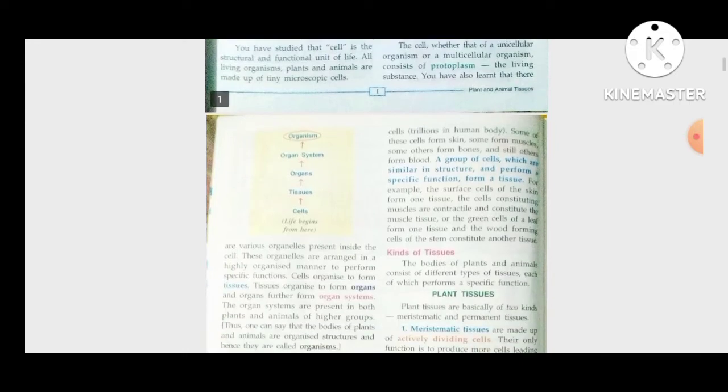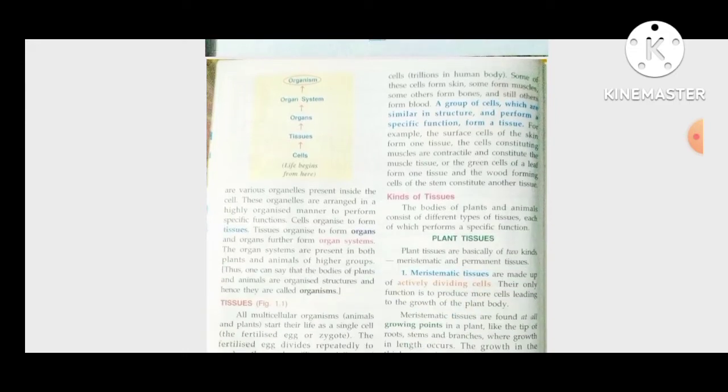Then a group of cells which are similar in structure and perform a specific function form a tissue. This is the definition of a tissue. For example, the surface cells of the skin form one tissue.